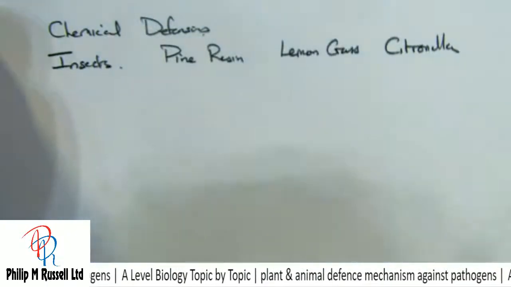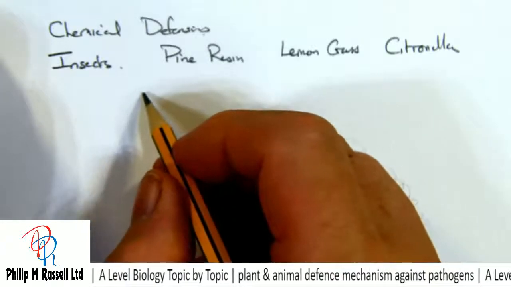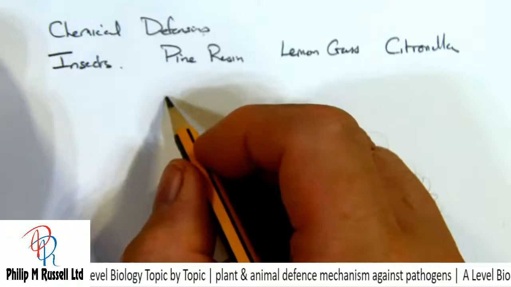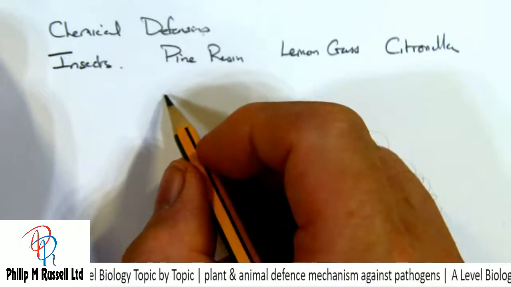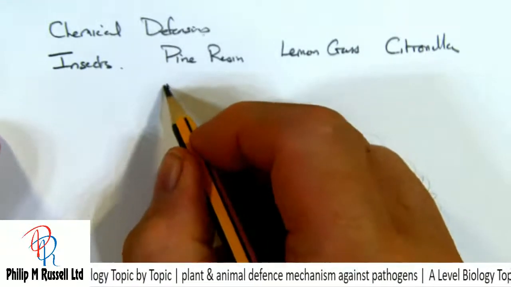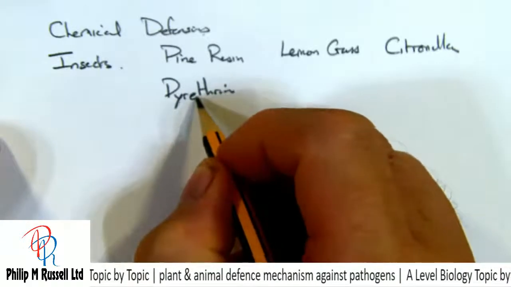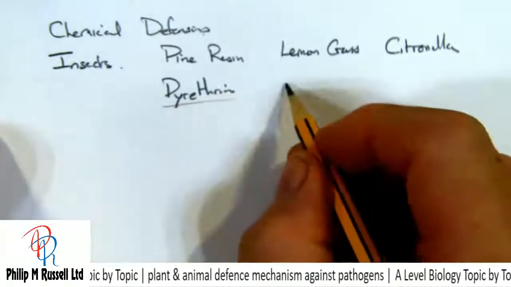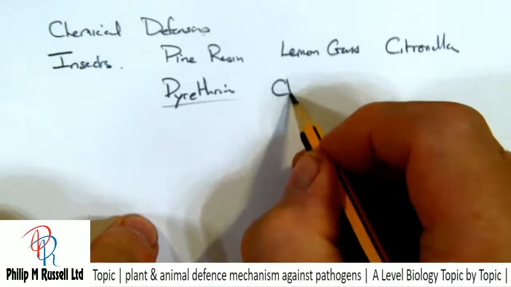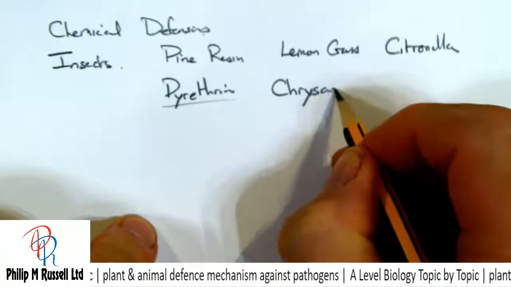There are in fact against insects various chemicals like chrysanthemums. So chrysanthemums are going to produce a chemical called a pyrethrin. Chrysanthemums are wonderful plants to grow.